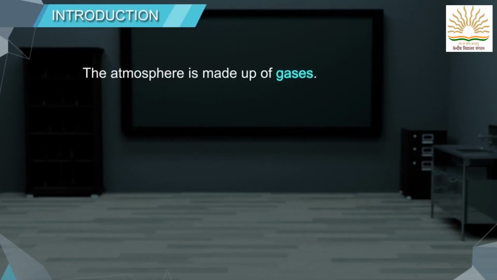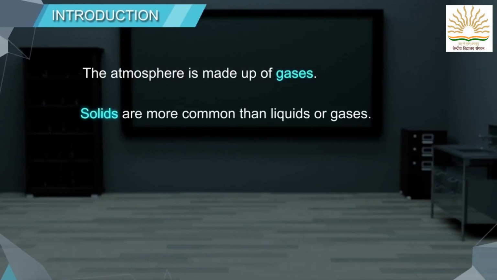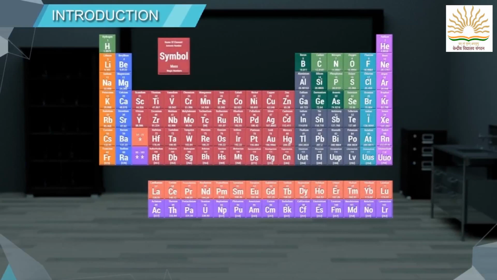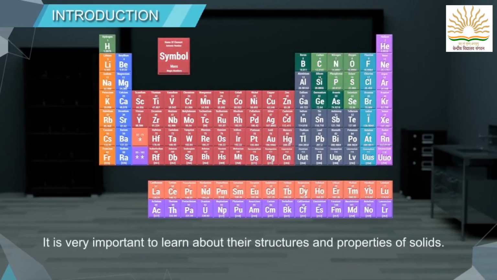However, solids are more common than liquids or gases. In the periodic table, there are 11 gases, 2 liquids, and the rest of the elements are solids. Hence, it is very important to learn about the structure and properties of solids.